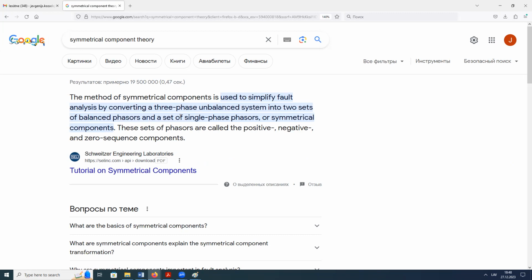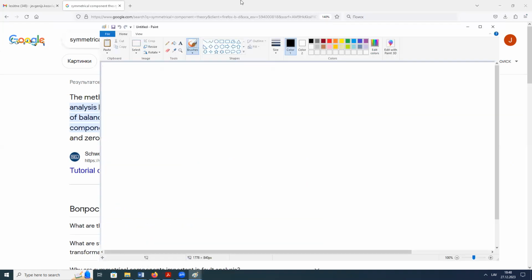So we are trying to represent our network using three parts. Okay, let's talk about how this could be used.